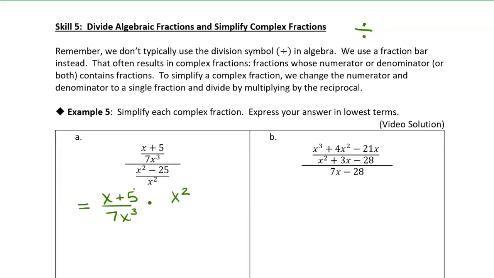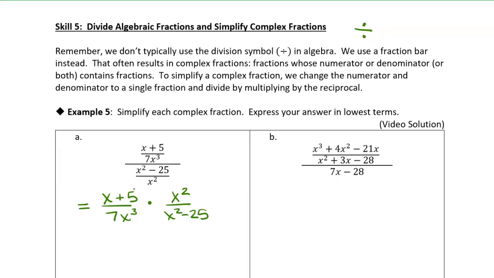So x squared over x squared minus 25. Don't be tempted to cancel those x squareds because they are not common factors. They're terms, but they're not common factors. We can only cancel common factors.